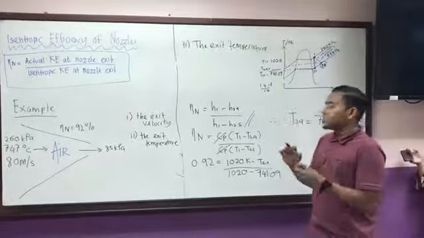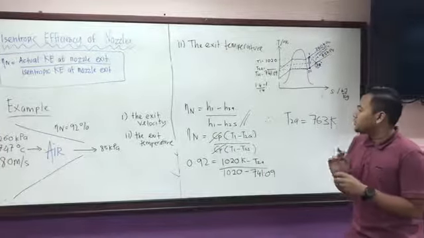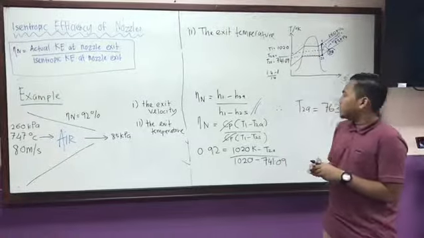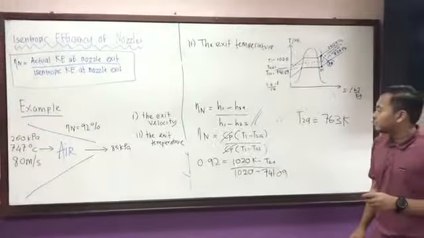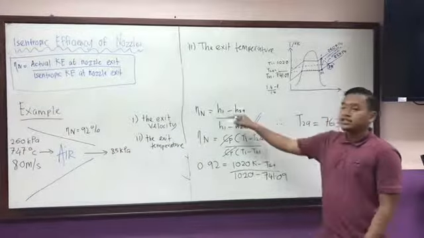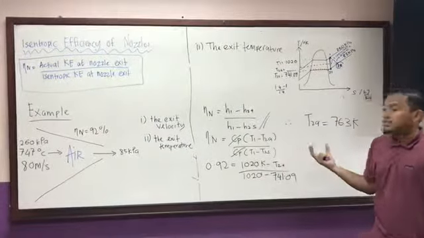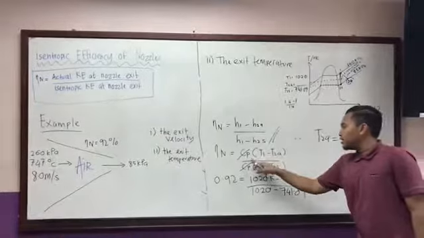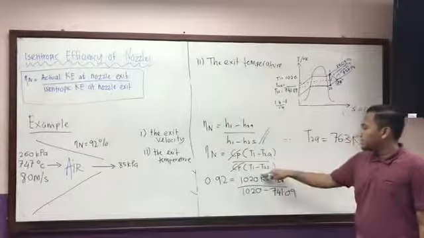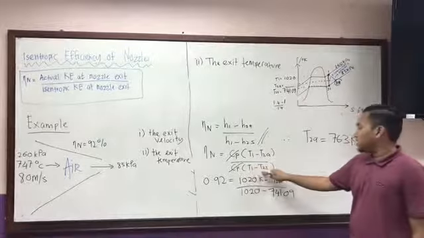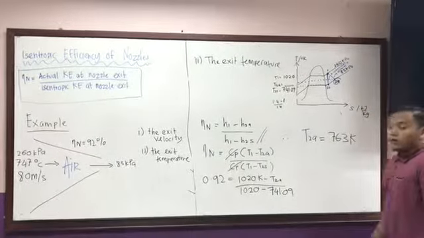Based on this equation, since we use air as an ideal gas, we can change these terms to CP (T1 minus T2A) for the first, and CP (T1 minus T2S) for the second.